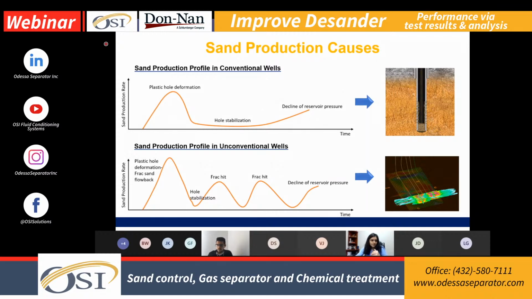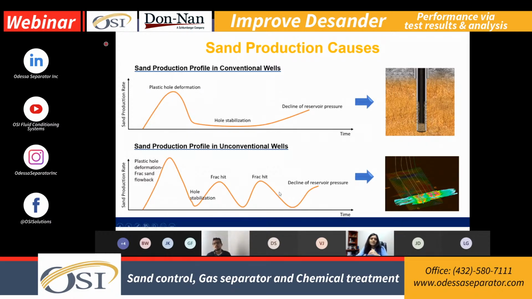Let's see, when we're talking about conventional versus unconventional wells, what the sand profile is. On the conventional well, we have the plastic hole deformation, and once it's done, the hole stabilizes over the lifespan of the well. Now, with the decline of the reservoir pressure, there's going to be some increase in your sand production.